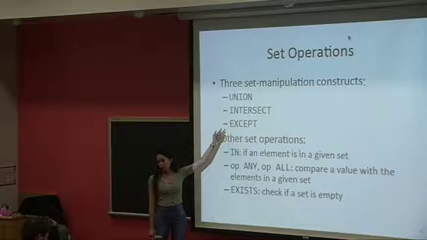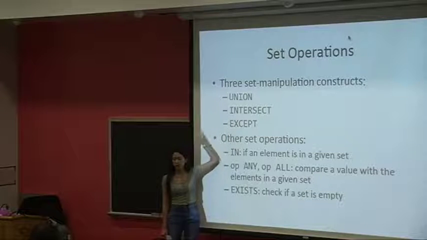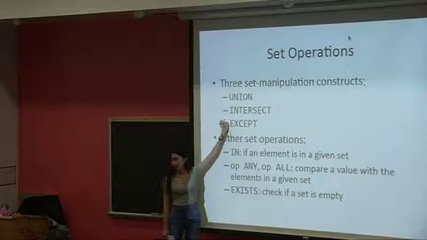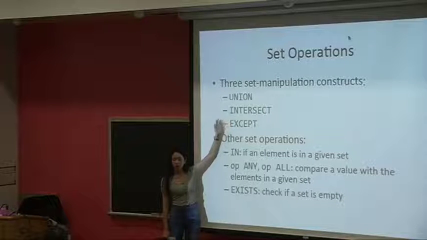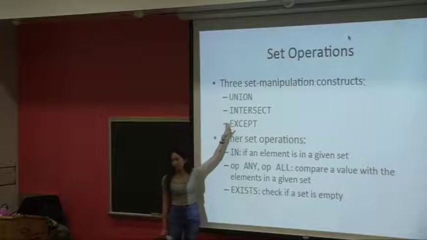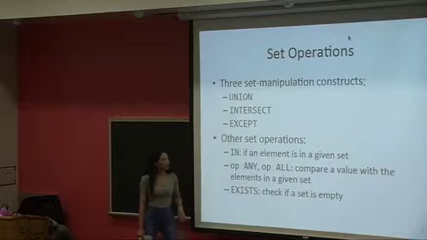However, for the MySQL we use, if you really try to test it out, even though these help you understand the concepts easily, intersect and except are not supported in our MySQL. Later on I'll show you the alternatives you can implement, not using these, but using other stuff that we learned. Union is supported in terms of set manipulation, but for these two, they're not.